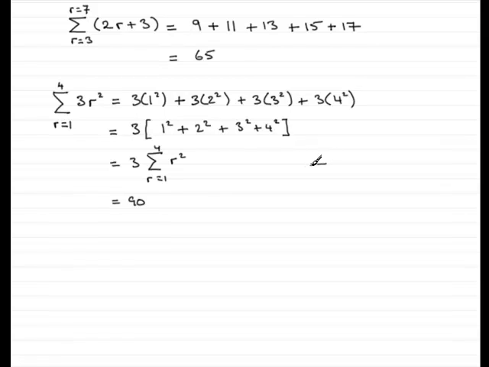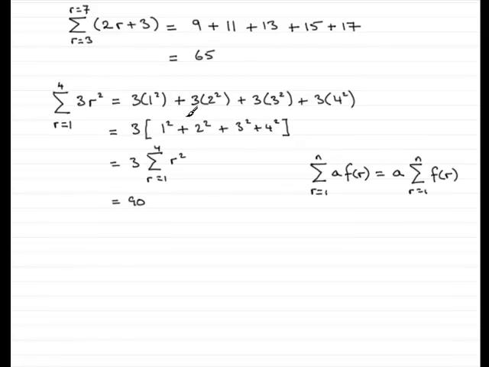And that is that if you have sigma of a constant times some function of r, in this particular example the function of r was r squared and the constant a was the 3, and we had r going from 1 to some particular value, let's just call it n, then this was exactly the same as bringing out the constant in front of the sigma sign and doing a times sigma r going from 1 to n of just the function r.